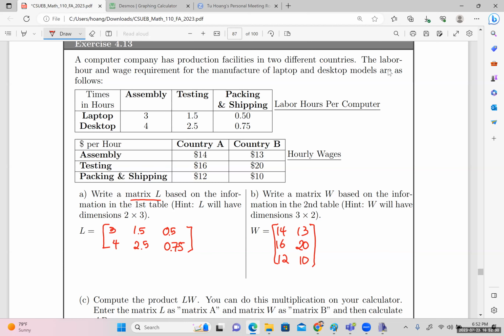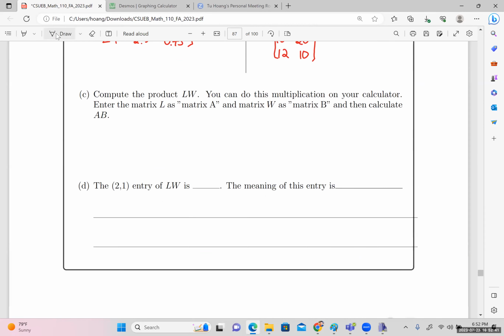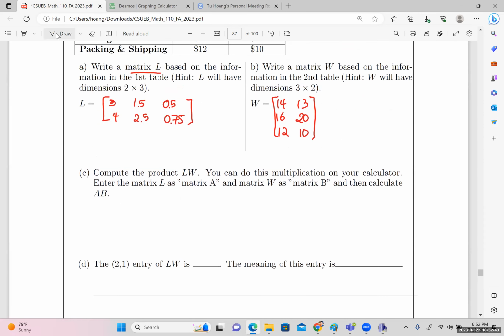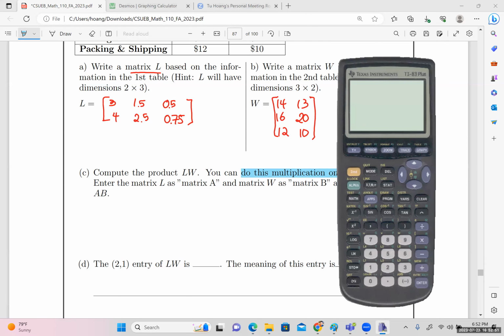So now we can compute the product LW by calculator. I would recommend that you do it by calculator. So let's turn it on and I'll show you. Clear this up.